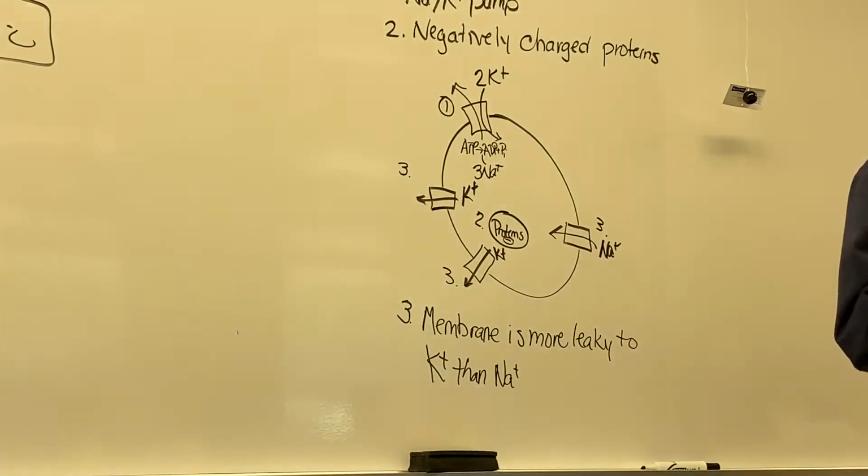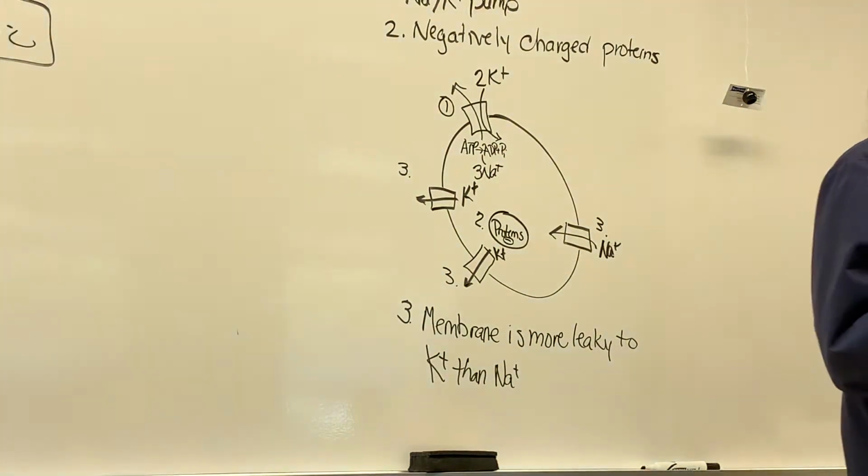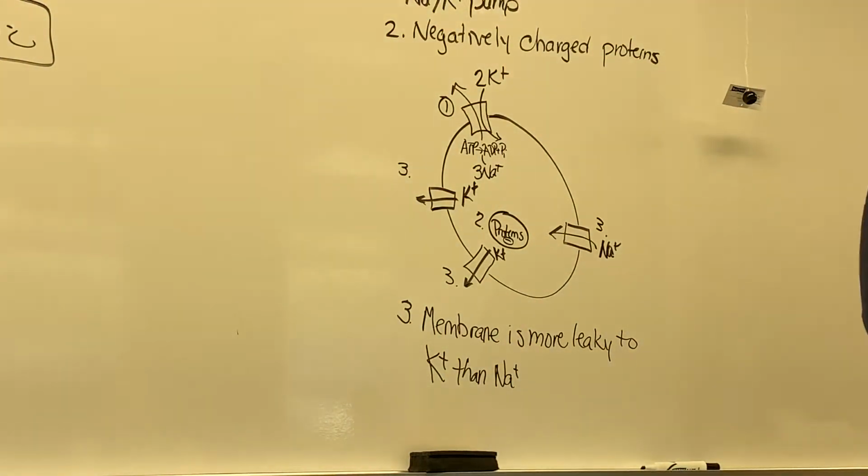It's going to be in the middle at about -70 on average. So that's what the rest of the notes is going to tell us about, basically what we've drawn up here.